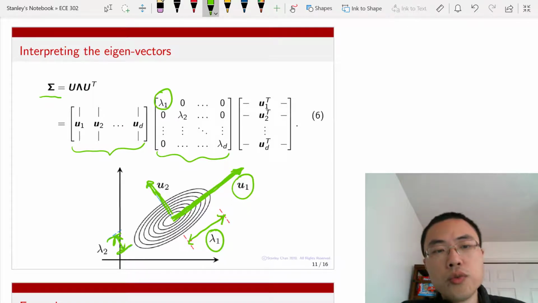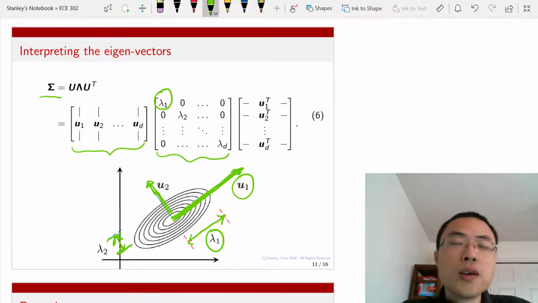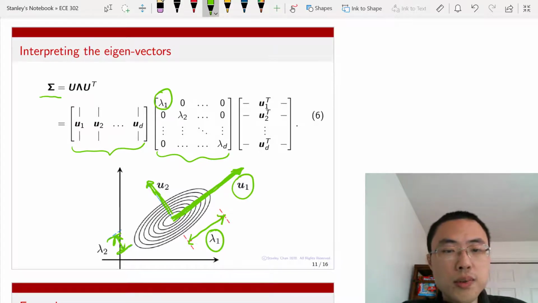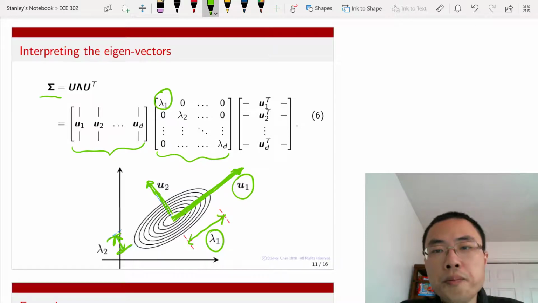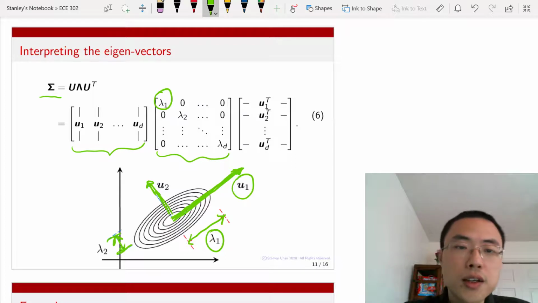Now, you may ask, why is it always an ellipse? Of course ellipse includes a circle, but would it be possible to obtain something not an ellipse? The answer is no. You will always get an ellipse. This is because all the eigenvalues of a covariance matrix are always non-negative.